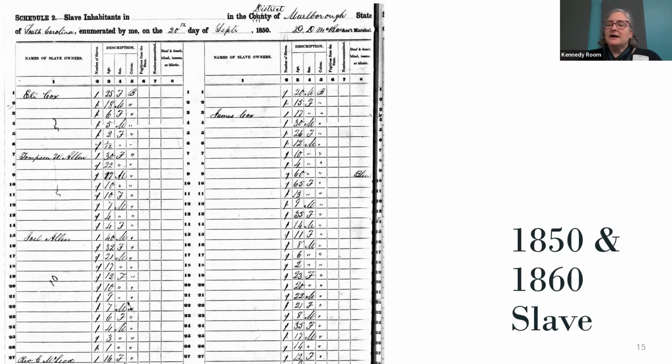And then one of the other questions that are asked are how many fugitives from the state and the number manumitted. So if you had freed slaves through that year, you would need to claim that on this. The 1860 slave schedule also adds a column for the number of slave houses.